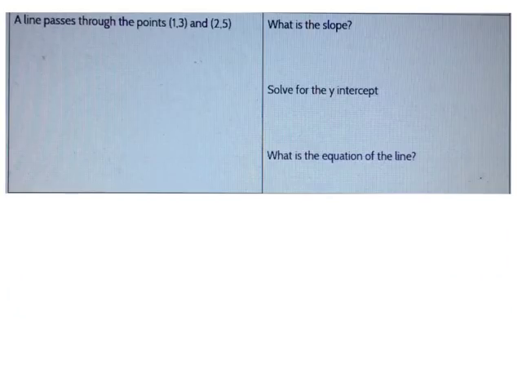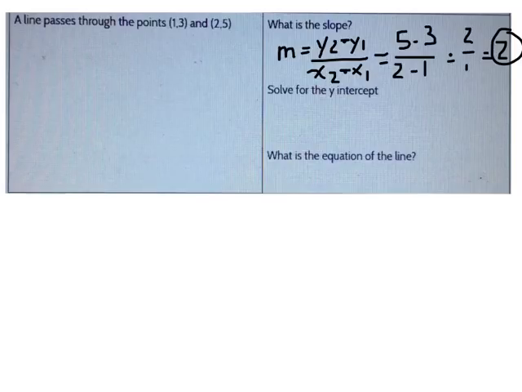A line passes through the points 1, 3, and 2, 5. What's the slope? Remember, I can use the formula m equals y2 minus y1 over x2 minus x1. Go ahead and find the slope now. The slope is 2. I can plug into the slope-intercept formula y equals mx plus b to solve for b.